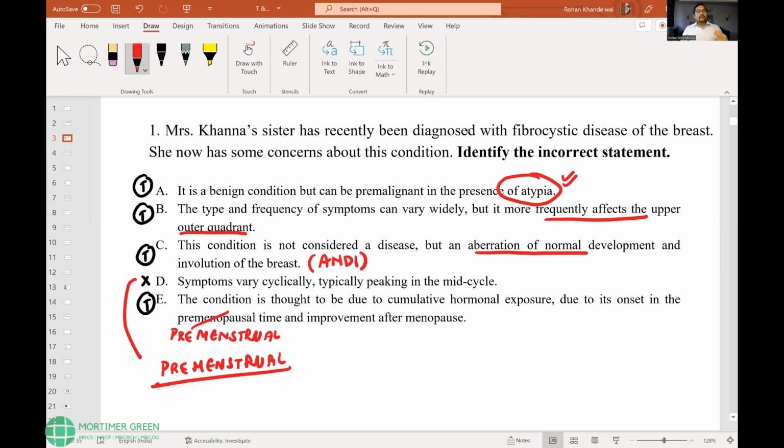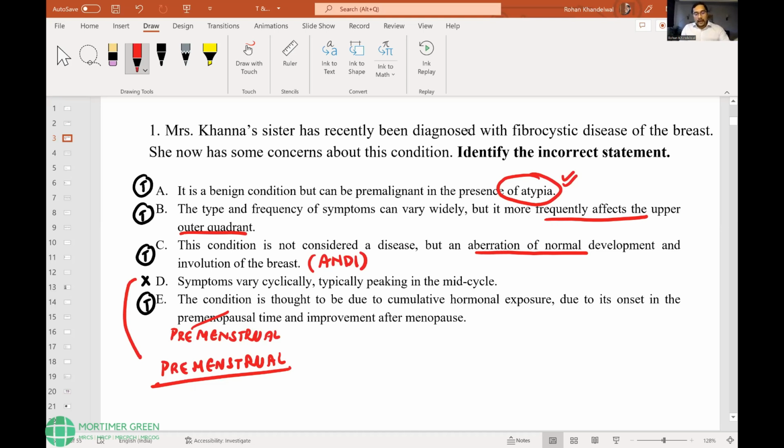But as the periods start, the breast becomes softer and the pain also reduces. And this is thought to be due to cumulative hormonal exposure because of its onset in the premenstrual phase and improvement after menopause. So regarding the treatment of fibrocystic disease, what is written in Bailey is that adequate breast support should be given, and primrose oil.